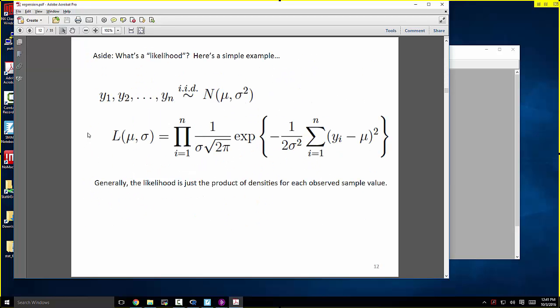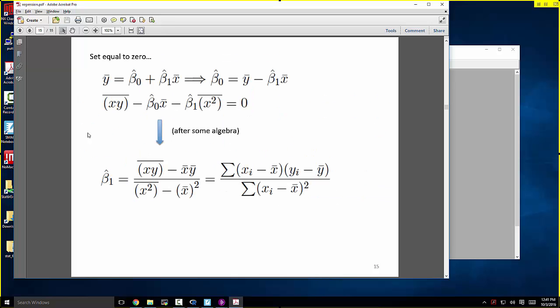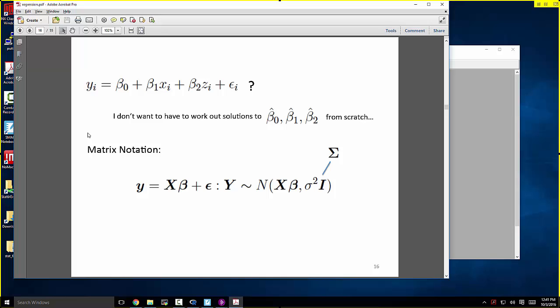So let's see where we left off. We figured out how to represent a regression model in matrix form using a design matrix.